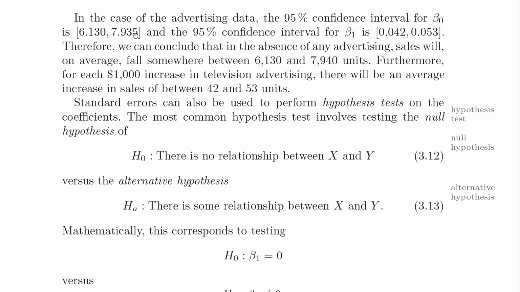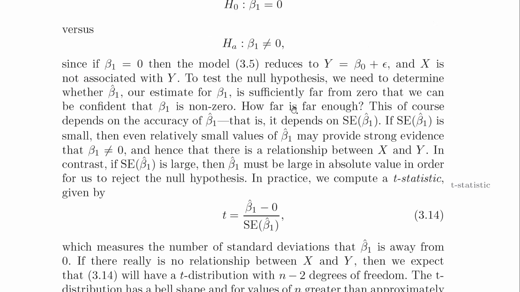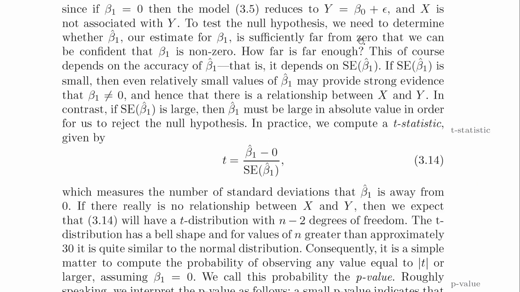Is 0 contained within this interval for the slope? No. That's an indicator that there is a relationship between the marketing budget and the units sold, that beta 1 hat is sufficiently far from 0 that we can be confident that beta 1 is non-zero.